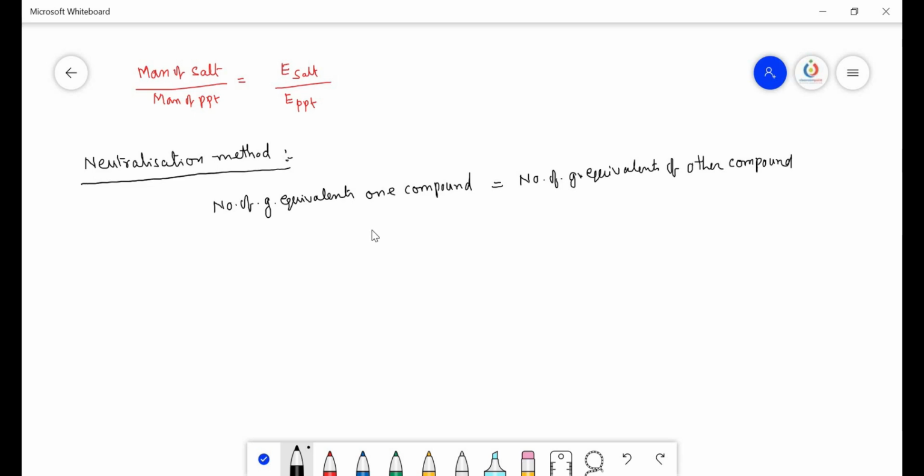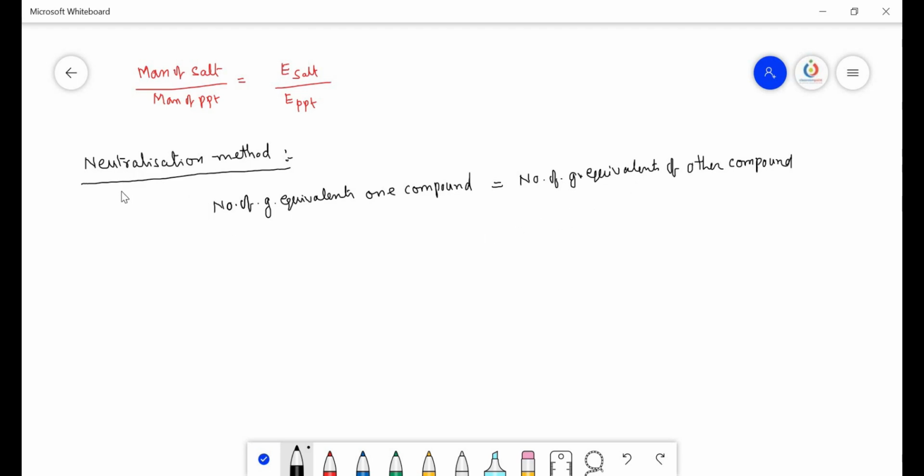Like I said, one gram equivalent is equal to another compound's gram equivalent. If you take one equivalent of one compound, you take one equivalent of the other compound. If you take 2 gram equivalents of one compound, you have to take 2 gram equivalents of the other compound.